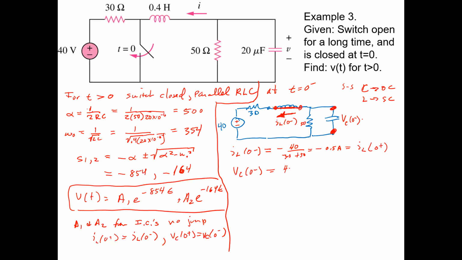So it's going to be 40 times 50 over 30 plus 50. So that's 200 over 80. I think that's 25 volts. 25 volts, and that's going to equal VC of 0 plus.